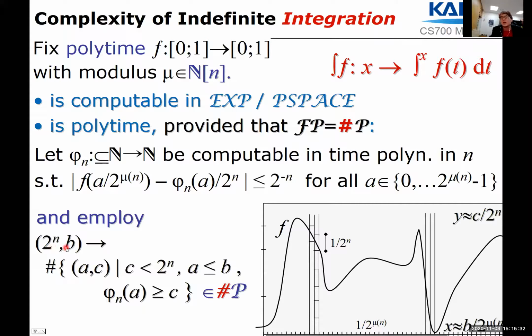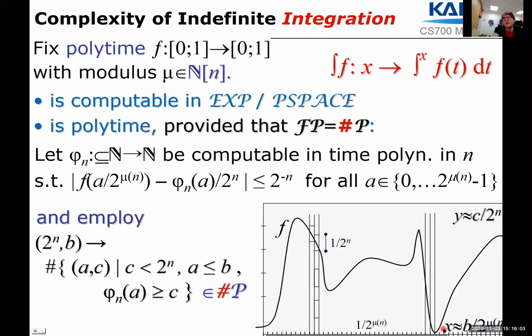The first 2 arguments are the same as previously: the precision parameter encoded in unary, 2 to the n, and the right integration bound, more precisely the numerator. On the previous slide, we were asked to compute the maximum up to this point, which is approximated by b to the 2 to the u of n. And now the right integration bound is similarly approximated, but now we need to integrate.